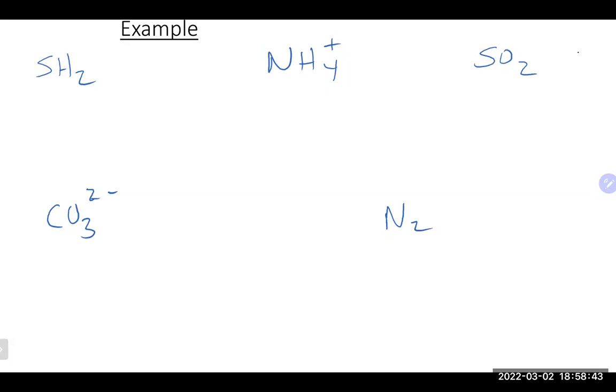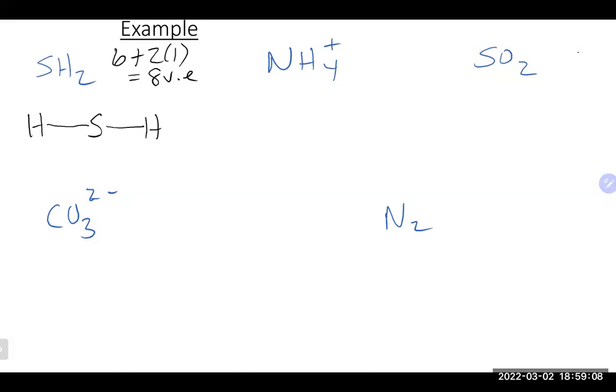So we'll add up our valence electrons for SH2. That is 6 for the sulfur, 1 for the hydrogen, and there's 2 of them, which means 8 valence electrons. Clearly hydrogen cannot be in the middle, so sulfur needs to go in the middle, with hydrogens on the outside. We do the same process, 1 bond to each hydrogen. That is 4 electrons, which gives us 4 more to go.